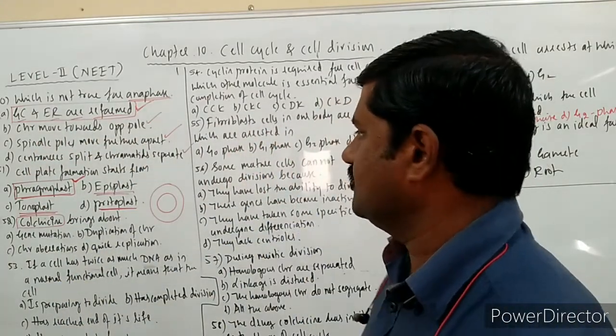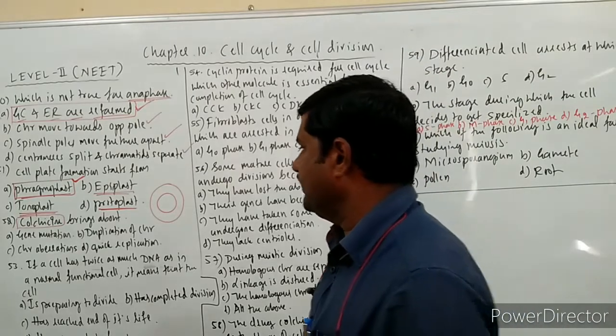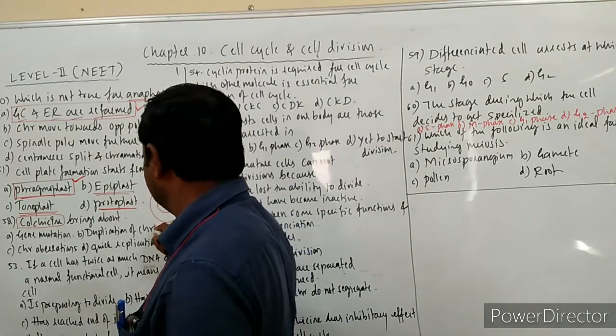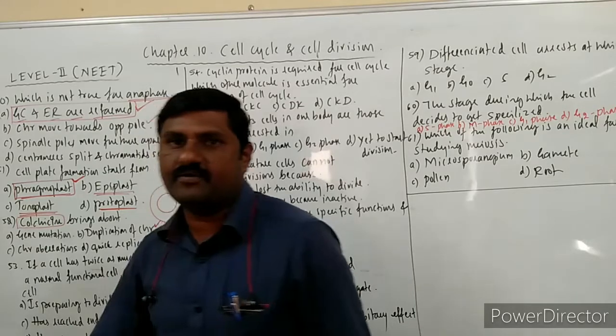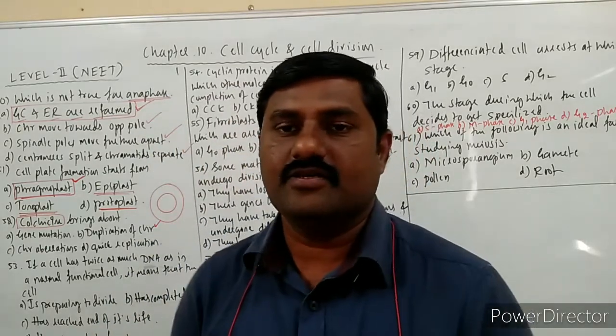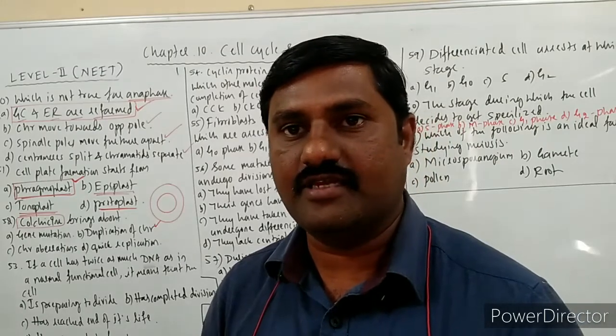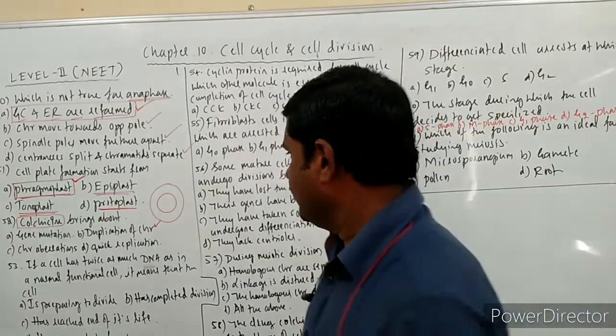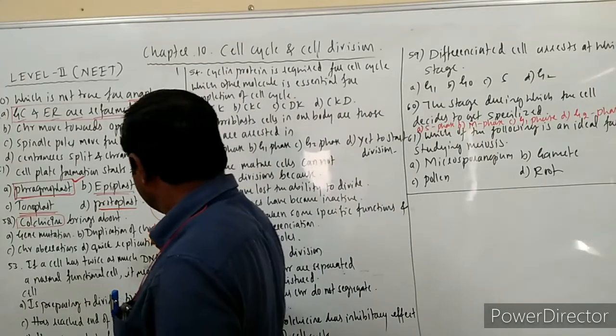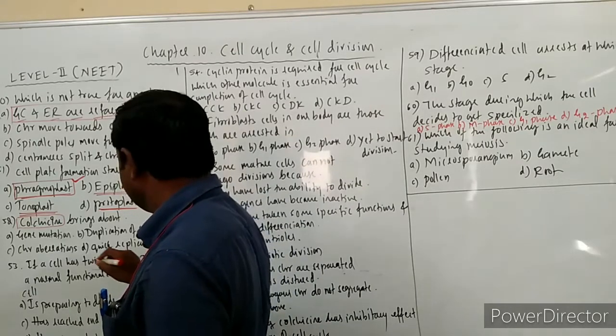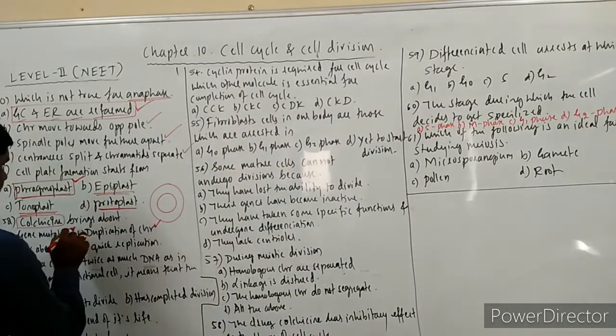That is its major function. It brings about duplication of chromosomes, so the number of chromosomes increases, but no cytokinesis takes place. That's why it leads to a polyploidy condition. So duplication of chromosomes is the correct answer for this question.